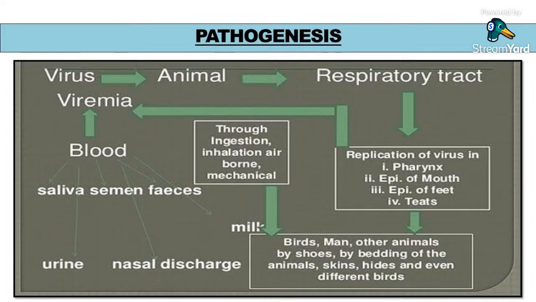From the multiplication, it gets into the blood. There is viremia inside the infected animal, and then it comes outside of the body through saliva, semen, feces, milk, nasal discharge, and urine. These are the routes through which it spreads into the environment and affects other healthy animals.